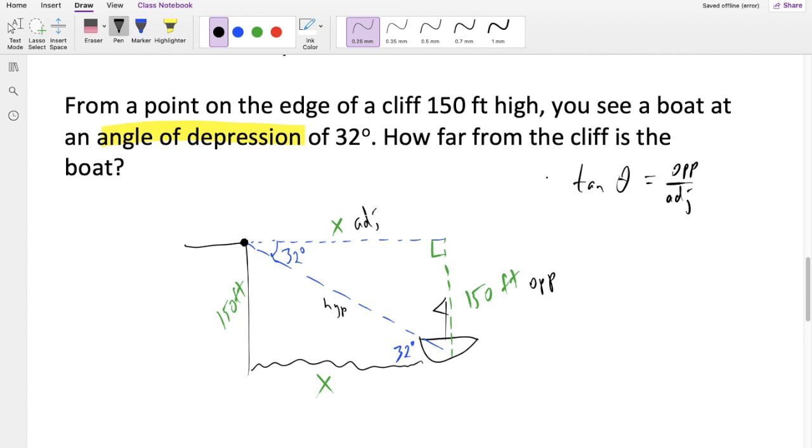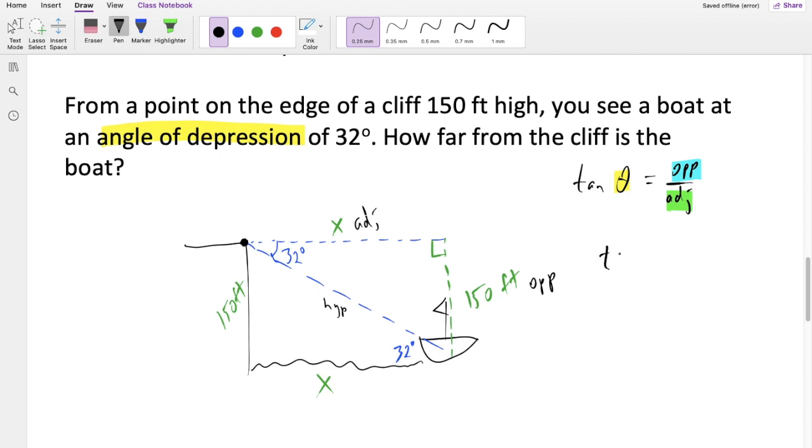So we can fill in these pieces of information because each and every one of these is just a variable. Theta is a variable, opposite side is a variable, and adjacent is a variable. And we know all those. So let's go and find those answers.